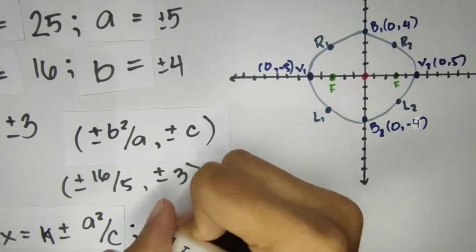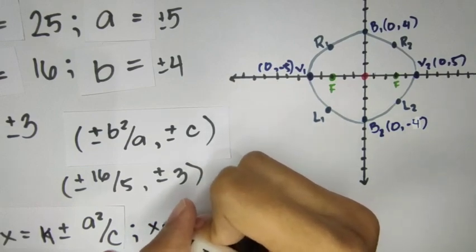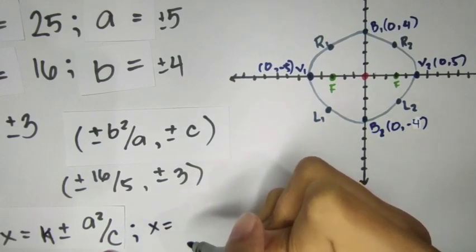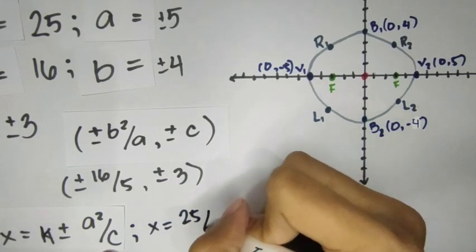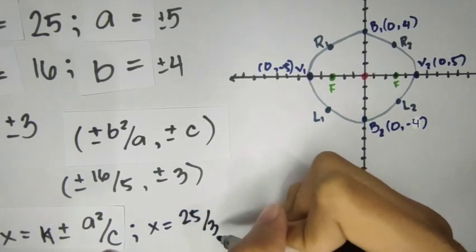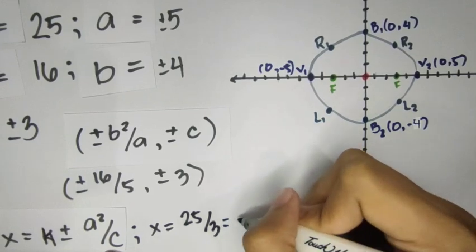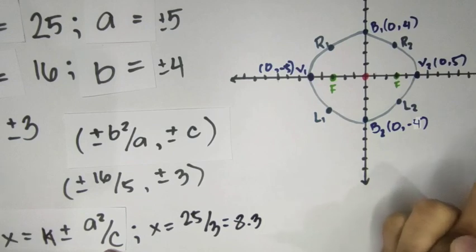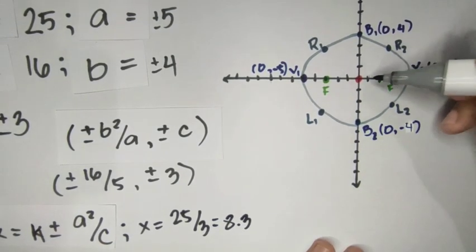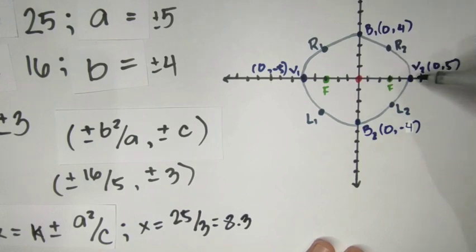With the given values h at 0, a squared is 25 and c is 3, we can get our directrix, which is 25 over 3, positive and negative, or in decimal, 8.3. Now we can plot our directrix. So 8.3 units from the center, which should be right here.